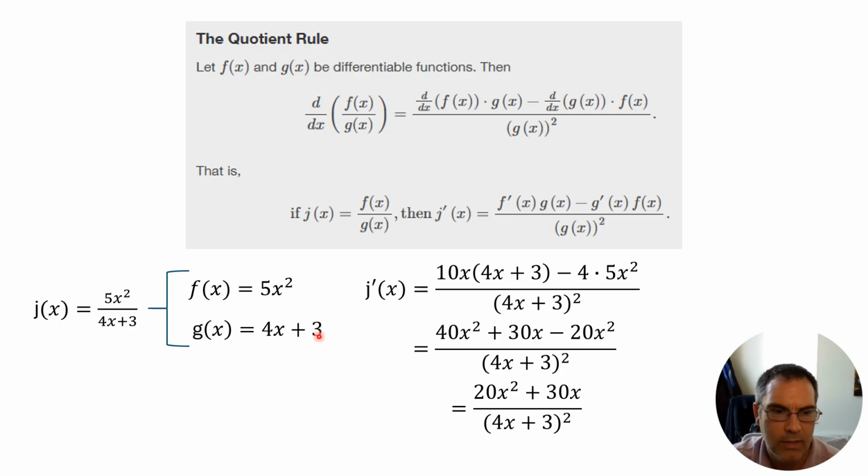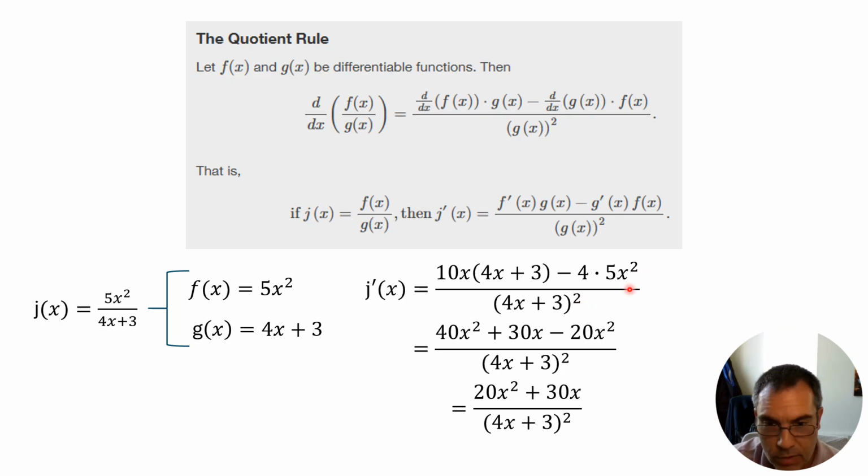Remember, it's just a constant. And derivative of 4x is going to just be 4. So 4 here, and then times the f, which is 5x squared. And then the denominator through this whole thing, I'm just going to leave it as g of x, 4x plus 3 squared.